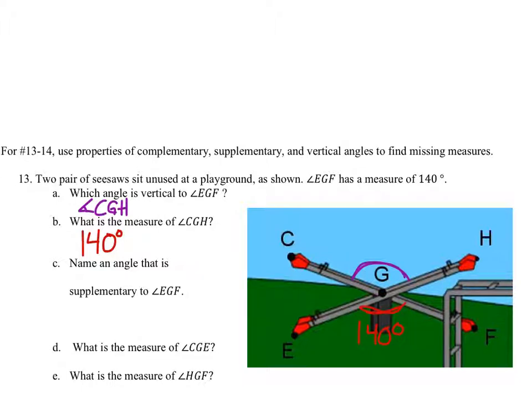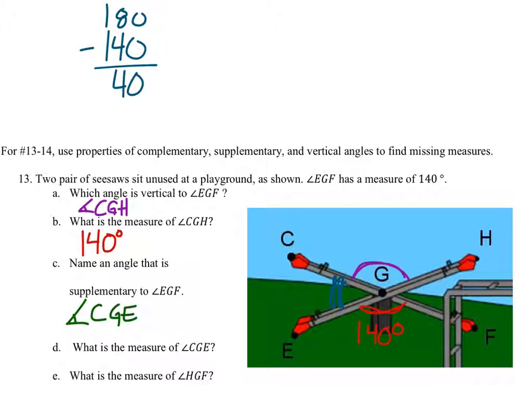I will be using angle CGE. What is the measure of angle CGE? These two angles, we'll mark it right here, are supplementary. So I know I have the 140 degrees, and we're going to subtract that from 180 because they are supplementary.